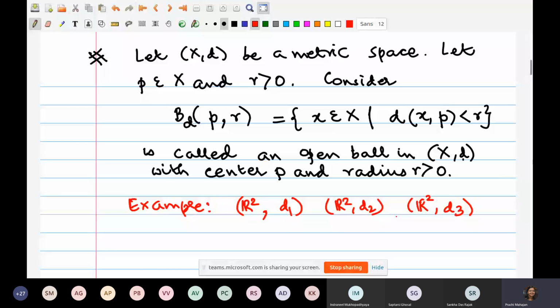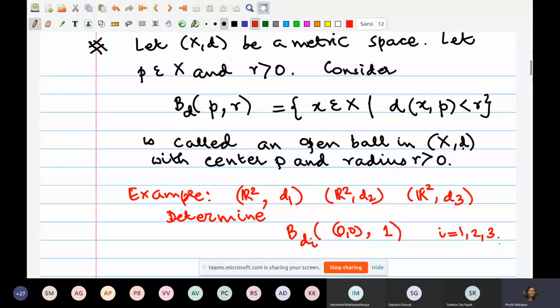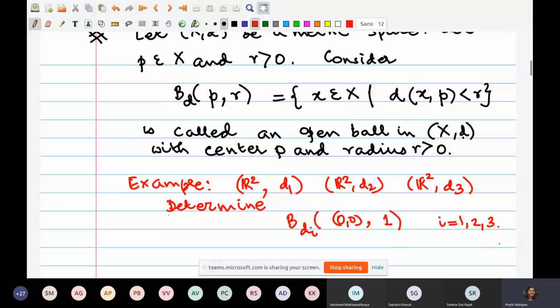I would like you to determine the open ball around the origin of, let's say, radius 1 in each of these metrics, for i equal to 1, 2, and 3. I will leave this as a little exercise for you.